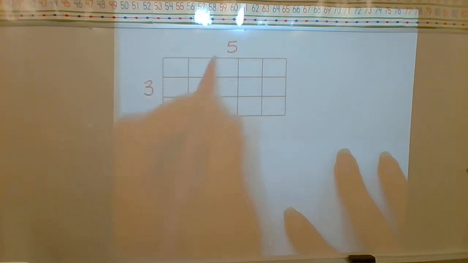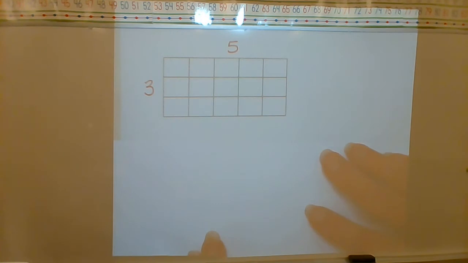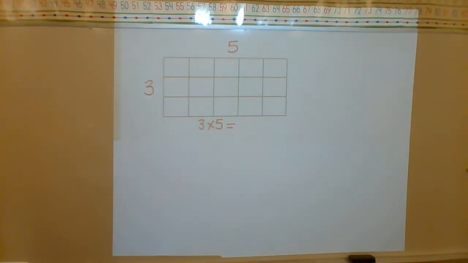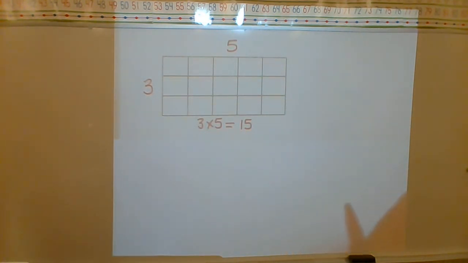So if we label this array as a 3 by 5 array, we would label it like this, a 3 by 5 array. But we can also turn it right into a number sentence. If I have 3 groups of 5, what do I have? That's right, 15. Okay, so that is 15.